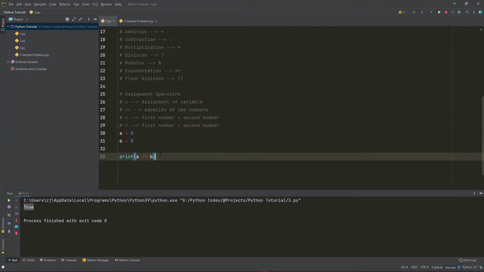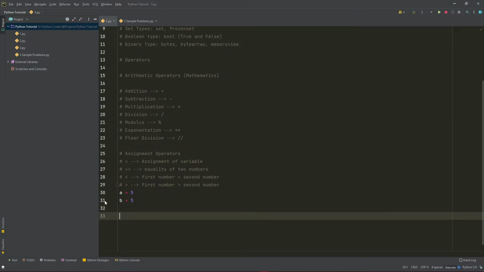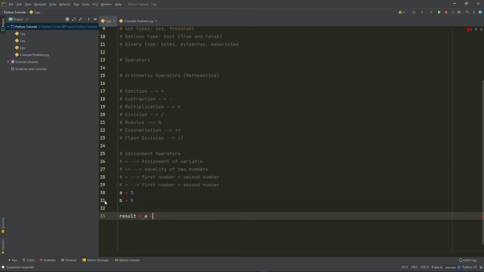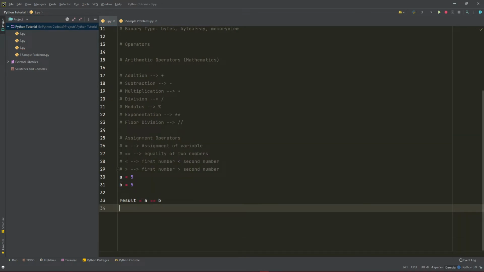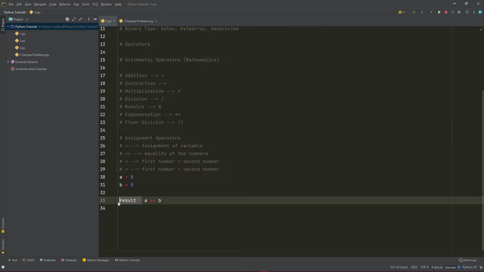All right, so let's do some exercises with these booleans. Let's try result equals A double equal B. You can also imitate what you did in the arithmetic operators, where you assign a variable first before doing the process.